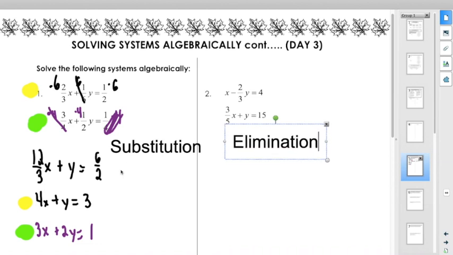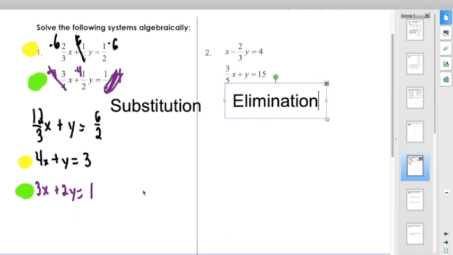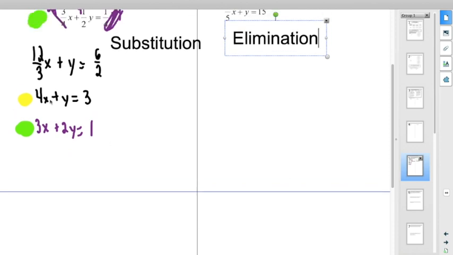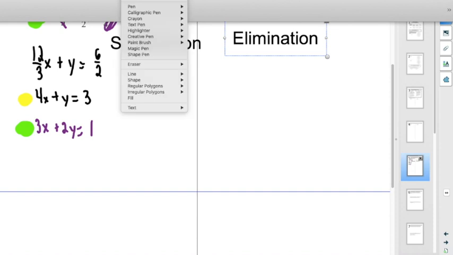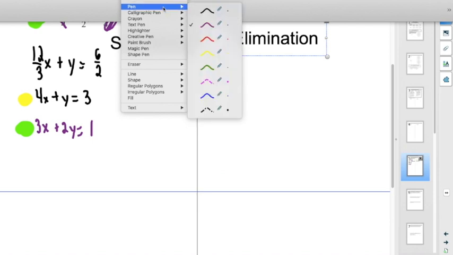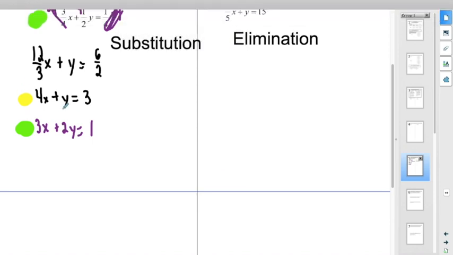Okay, so first let's focus on substitution here. Again, I want to try and get one of these letters by itself. It would probably be easier to get y by itself in 4x plus y equals 3, because it doesn't have a coefficient attached to it. It's not 2y, it's not 3y, it's just y. And that makes life easy because I want to isolate this y.